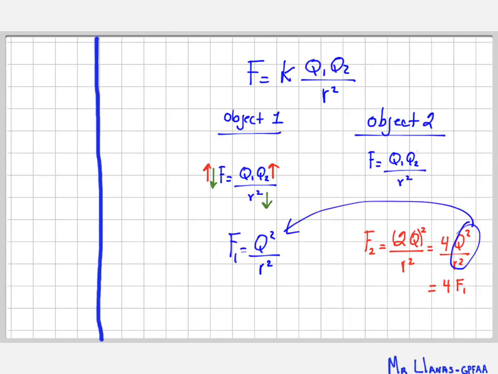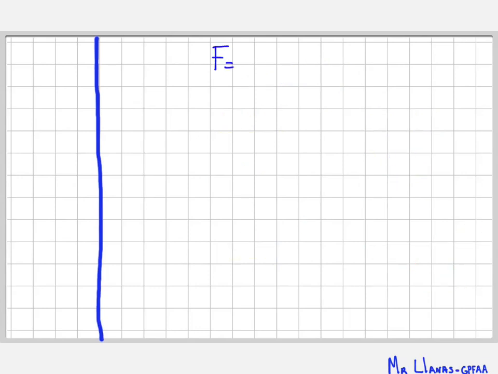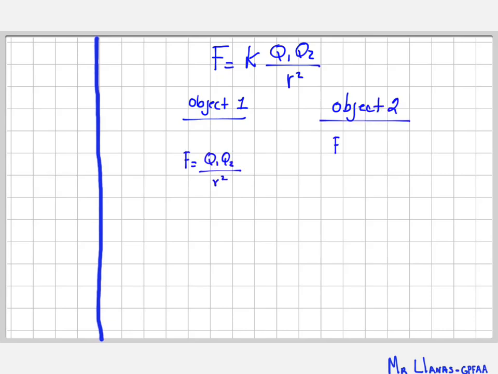So let's look at another problem. It's going to be the same thing. We're going to have object 1 and object 2. We know what the forces are, but the first object is going to be the original one again. Force 1 equals whatever charge it has times the charge over the distance squared, right? And the charges are identical. All these problems have identical charges. But on the second problem, or the comparison, the second object, the distance has been quadrupled. You can see that 4 times the distance.